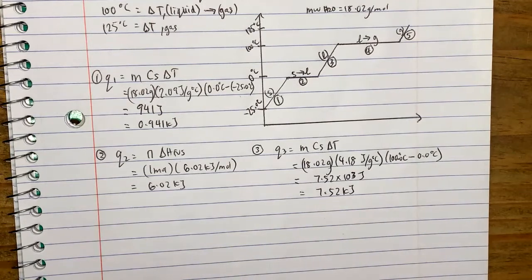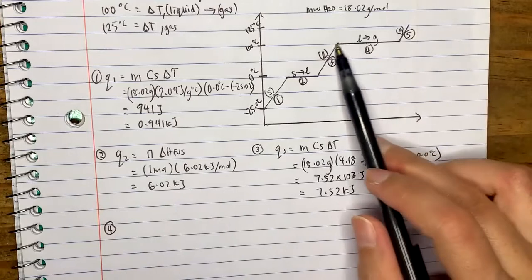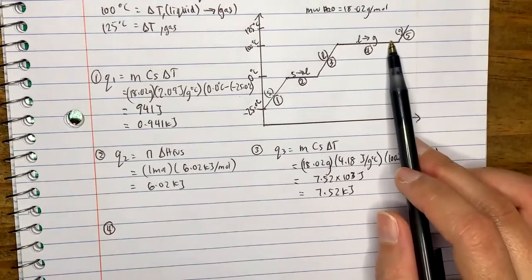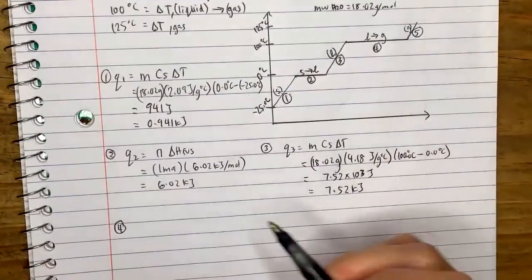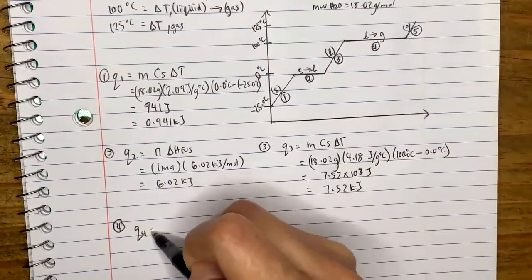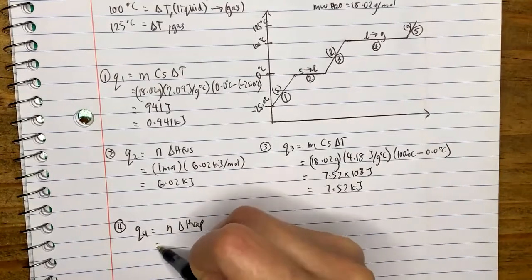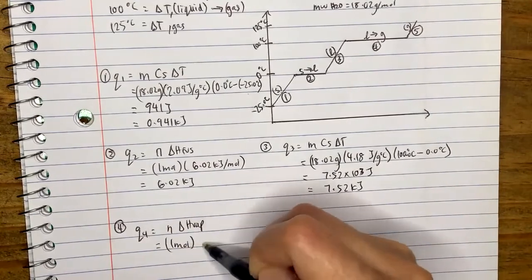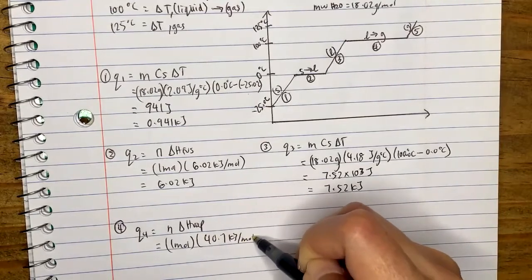Then when we continue on with step 4 here, step 4 is another phase change, but this time it's vaporization. So we'll use 40.7 kilojoules per mole. And Q4 is 1 mole, so N times delta H vaporization. So it will be 1 mole times 40.7 kilojoules per mole.